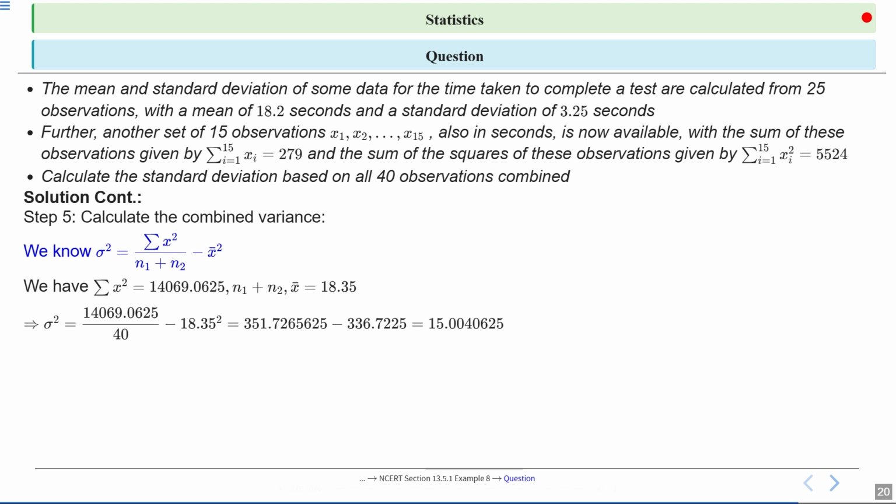So it implies sigma squared equal to 14,069.0625 divided by 40 minus 18.35 square. This is equal to 351.7265625 minus 336.7225 equal to 15.0040625.